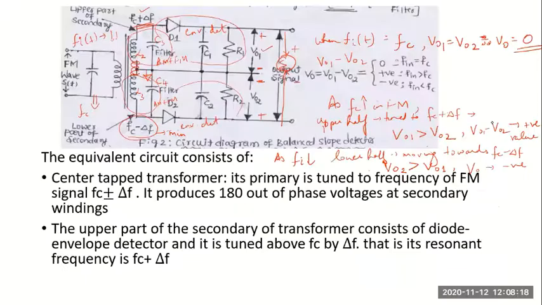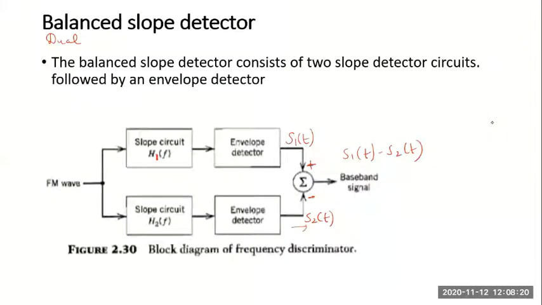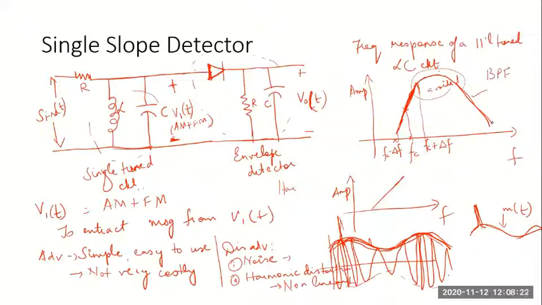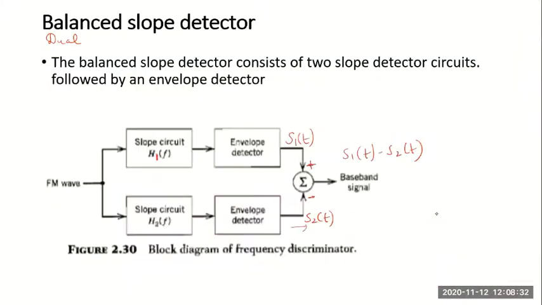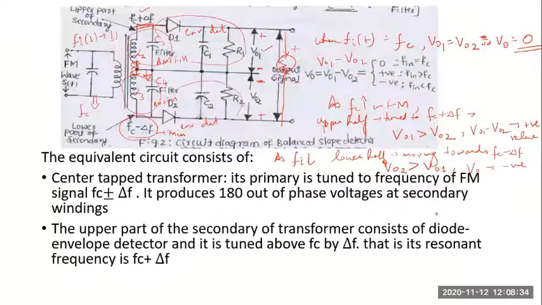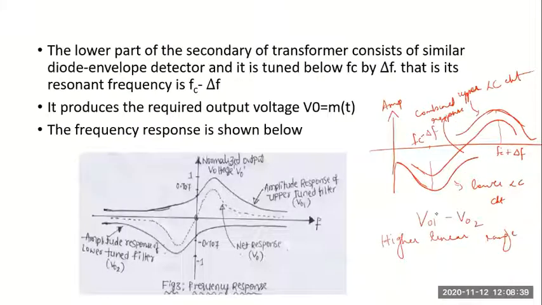In the previous case, when we did the single slope circuit, the linear range was very small. You can notice in this equation, the linear range of the output here is only very, very small. After that, it goes to non-linearity, we can't use it. Whereas here, the linear range is higher, and the response and stability is better.